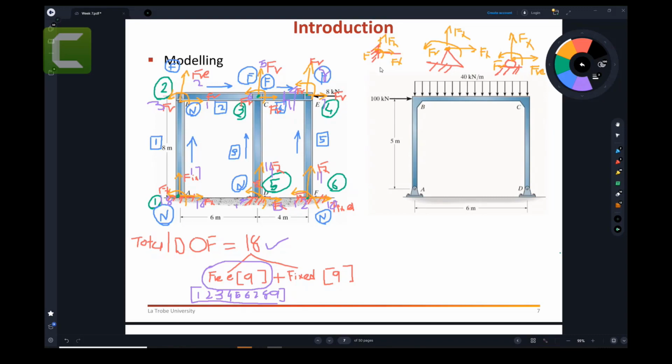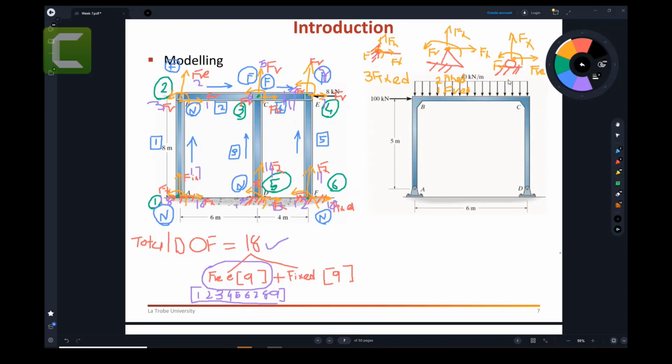So I hope you understand that. Fixed meaning all three are fixed. Pin meaning two are fixed. Which two are fixed? Those translations: the horizontal translation is fixed, this one fixed, and rotation is free. So two fixed, one free.